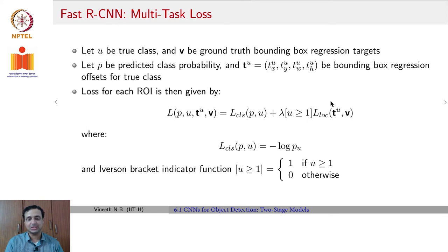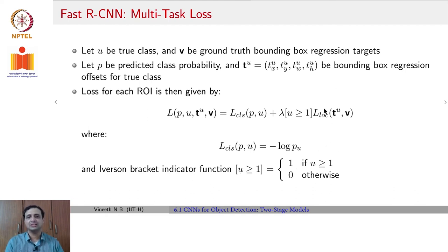By localization loss, we mean the bounding box regression loss. The classification loss, as we just said, is given by minus log PU. The cross entropy loss simplifies into a log loss. And the localization loss is prefixed by an indicator function which states that we're going to compute this only for the true class.